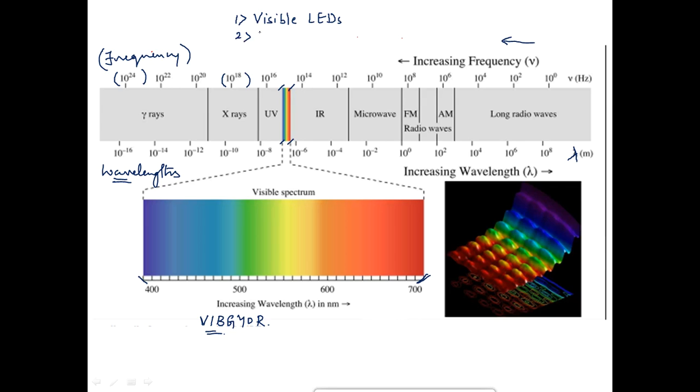The second ones are invisible LEDs, in the sense that the light emitted by them is invisible, and usually they emit light in the IR, infrared range. Commercially, visible LEDs have a lot of applications. Invisible IR range LEDs also find applications, especially in security systems.